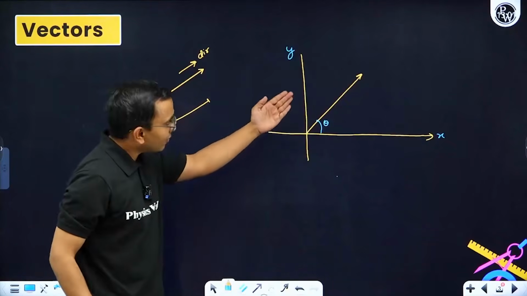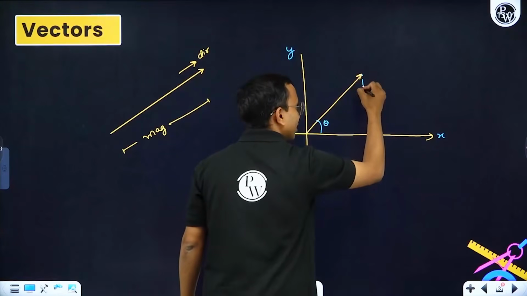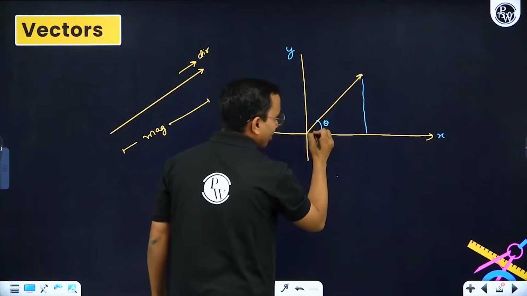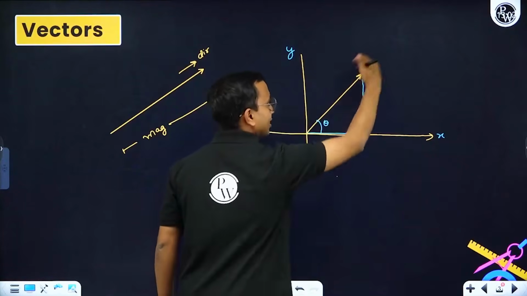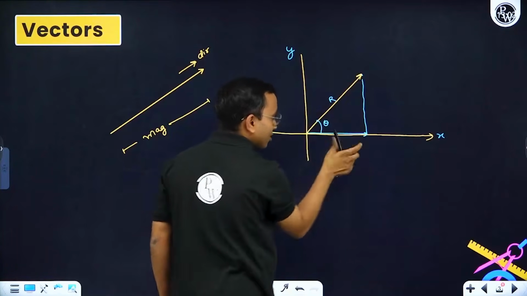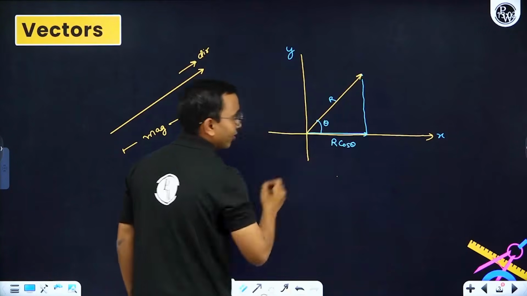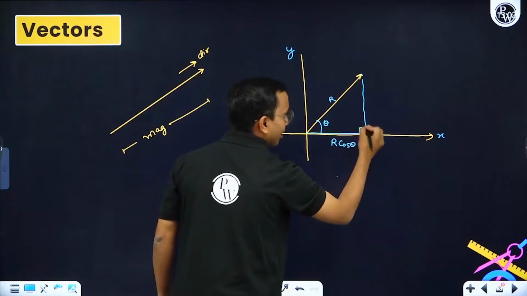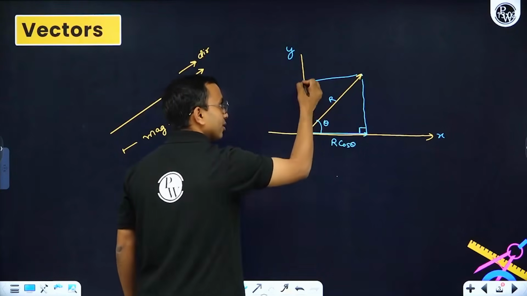So if I take the components of this vector, making this right angle triangle, if this magnitude is r, how much length is this? This is r cos theta in this right angle triangle. Okay, this is my right angle triangle. Similarly, on the other side, this will become r sin theta.